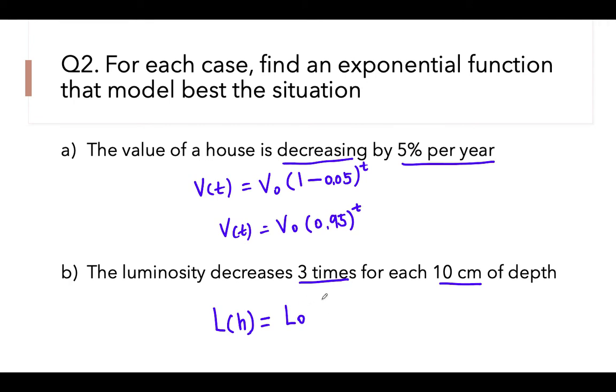It decreases 3 times, so that means it's going to be 1/3, and then the depth we're looking for over each 10 centimeters of depth. So every 10 centimeters it's going to decrease. So the given luminosity for every depth is going to be 10. And that will be your final answer.